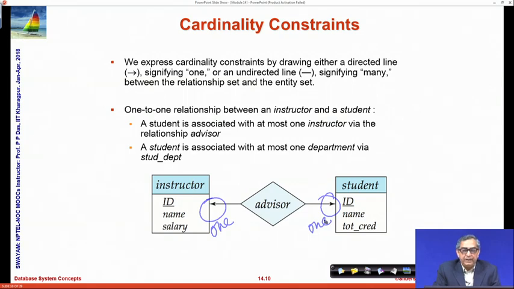This may not be a reality, it usually is not the reality, but we are just showing this as an example. So, if the student instructor relationship, the advisor relationship, is one to one, then this is how we will denote it.